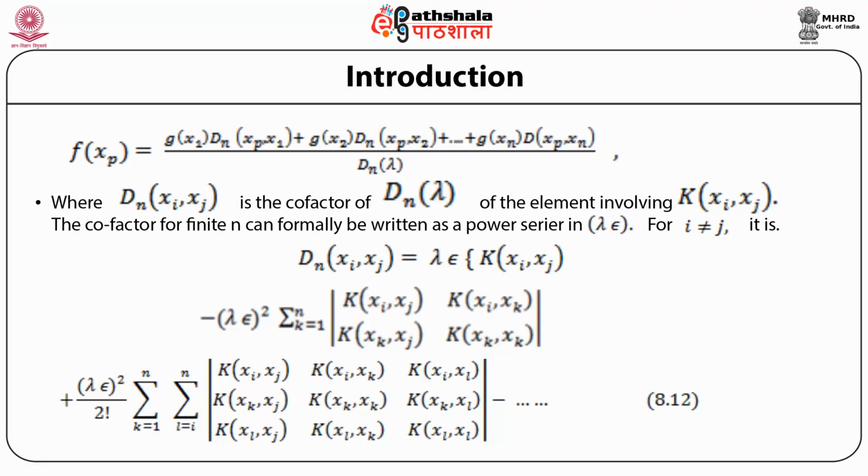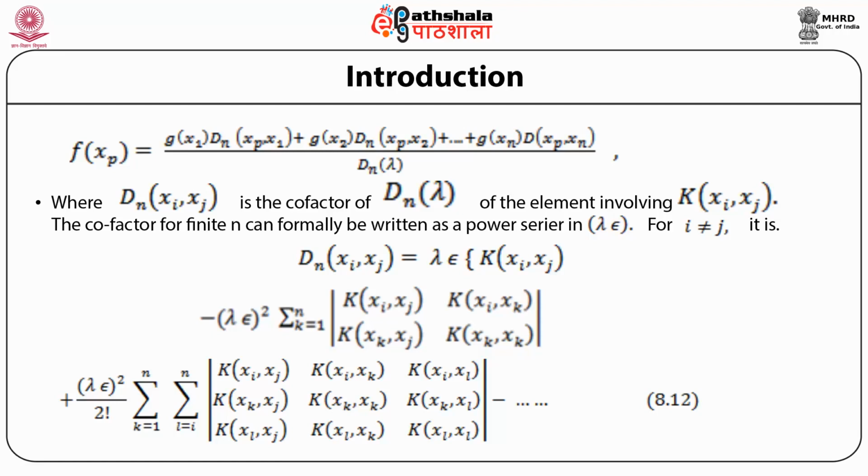The cofactor for finite n can formally be written in powers of lambda epsilon for i not equal to j. So we can write the determinant D_n(x_i, x_j) in powers of lambda epsilon. The first term is lambda epsilon K(x_i, x_j) itself.